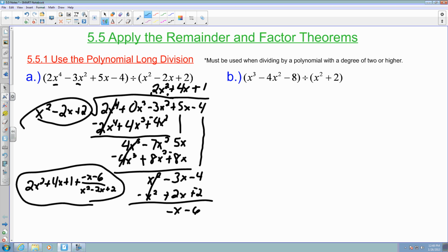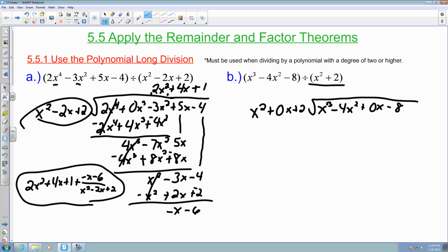Let's look at example B. So I have x cubed minus 4x squared minus 8 divided by x squared plus 2. Again, I'm going to take a look at this x squared plus 2. I don't have an x in between there, so I have to rewrite this as x squared plus 0x plus 2 divided into x cubed minus 4x squared. And I don't have an x here, so that becomes plus 0x minus 8.